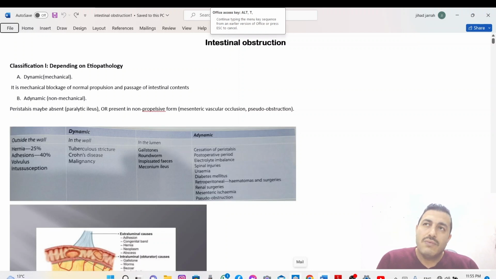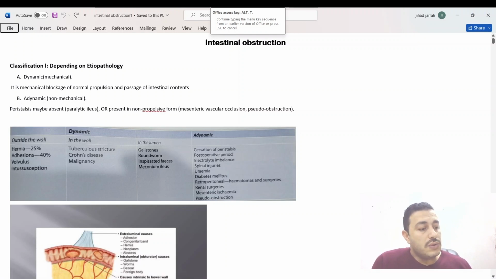In this lecture, we are going to talk about the classifications of intestinal obstruction, the pathophysiology, the clinical features, investigations required to diagnose intestinal obstruction, the management, and, as we said, some special entities or special considerations, we call them.